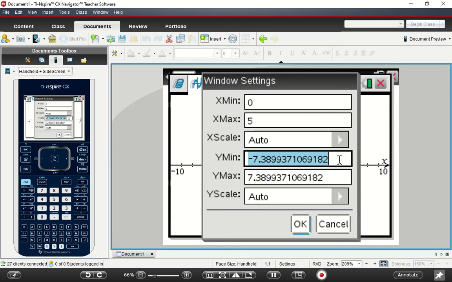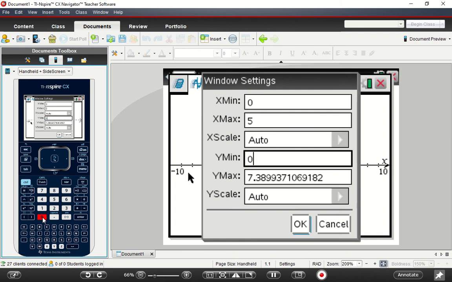Y min. What's the smallest Y value I could use? 0, because it can't have negative population. Now, Y max. Think about the values that I already have.